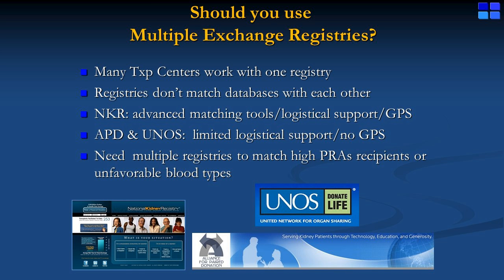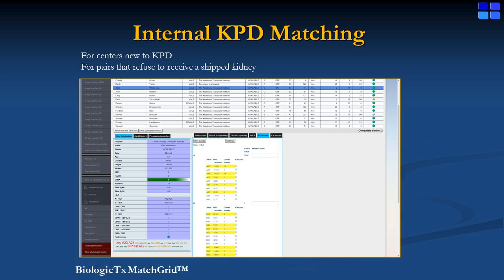The reason to use multiple registries is when you have your high PRA recipients. We found great success in registering with multiple registries to help our high PRA recipients receive a transplant.